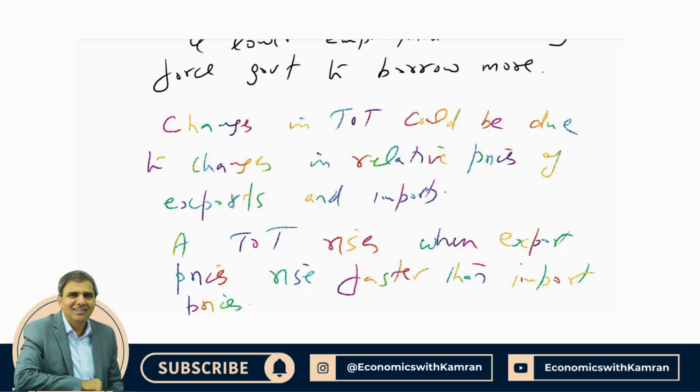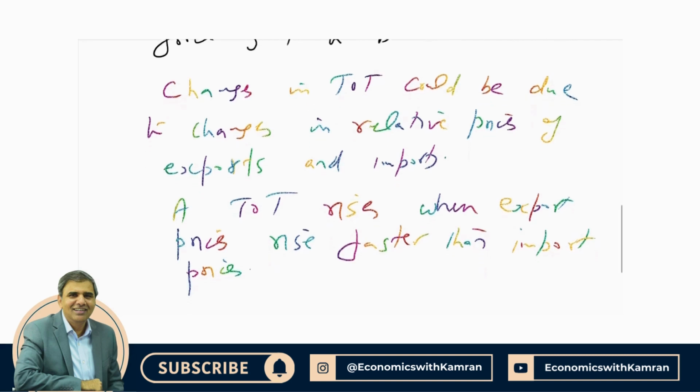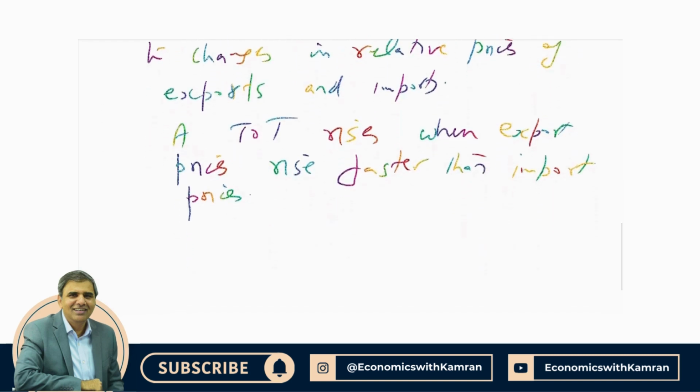Now, there is one change we are mentioning. The examiner does not specify increase or decrease. It uses the word changes, so we can take either of the 2 changes, increase or decrease. So over here we have taken a TOT is rising. Now what will happen?